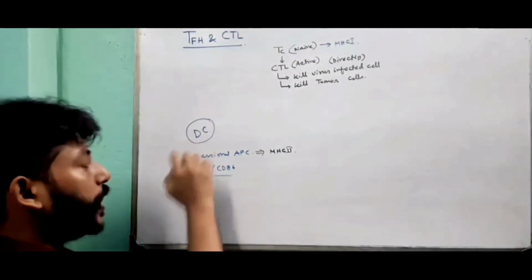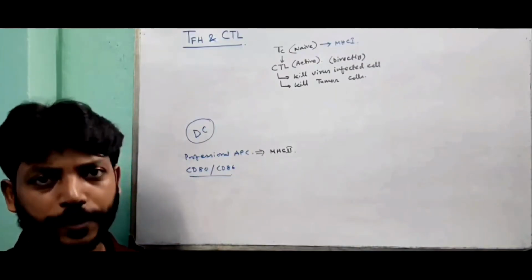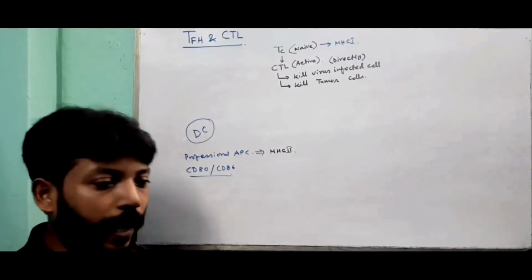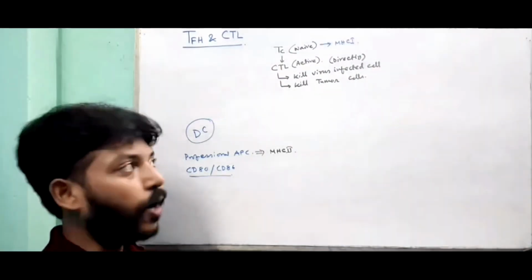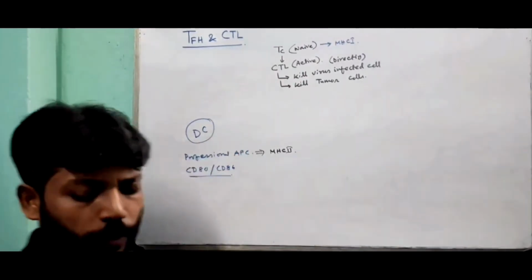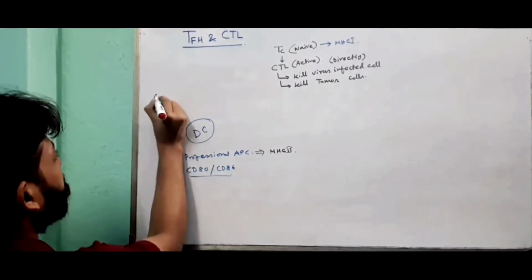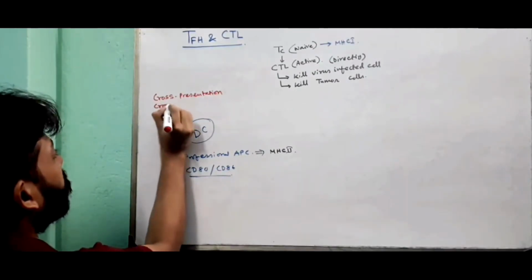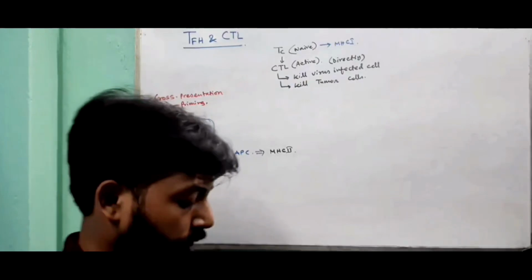As we know, dendritic cells have a nucleus, so they can produce MHC1 molecules. But how do these dendritic cells get the virus antigen or the tumor antigen? For that reason, a very important thing occurs, called cross presentation, or you can say cross priming. Same thing, cross presentation and cross priming.